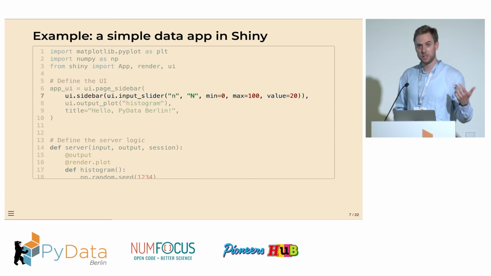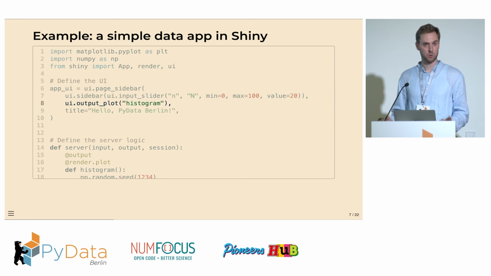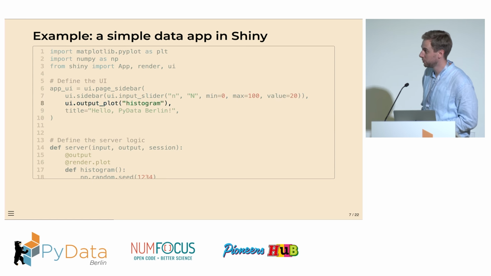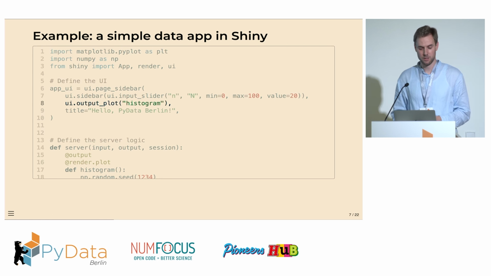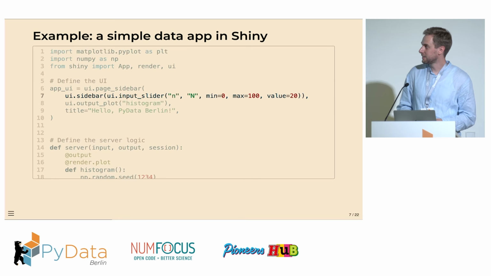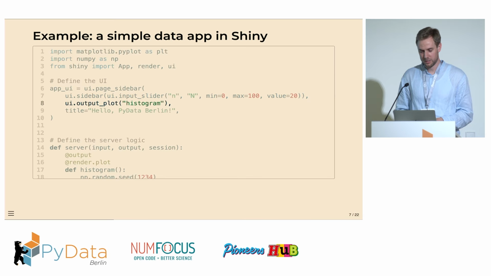What you would also do in the UI is define output components. So what I want to do here is just plot a histogram using this input slider that picks the number of bins as a UI input.